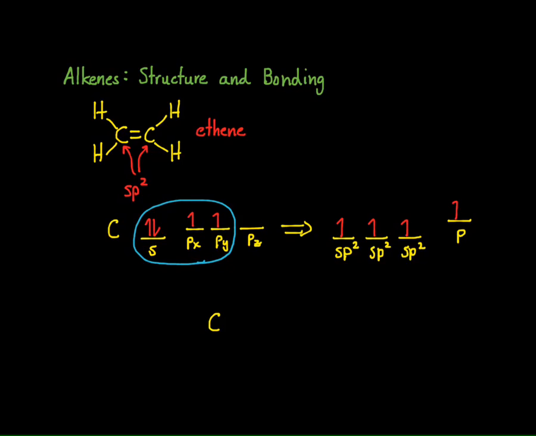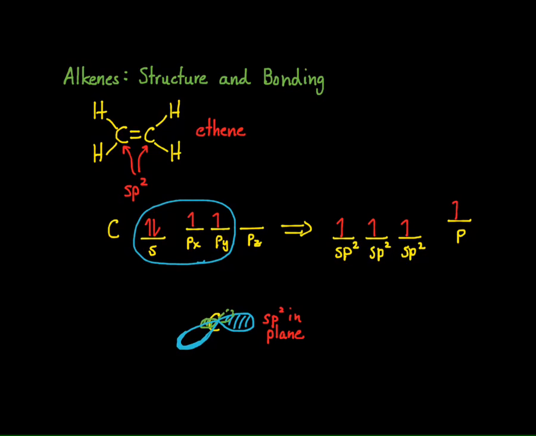Well, one way that we can do it is we can draw an sp2 hybridized orbital that's in the plane and in a horizontal fashion. Now, the other two could certainly also be in the plane, but we could rotate 90 degrees and put one of them out of the plane, coming out at us, and one behind us.